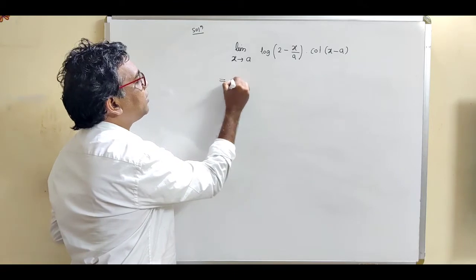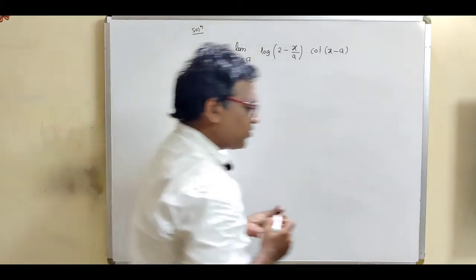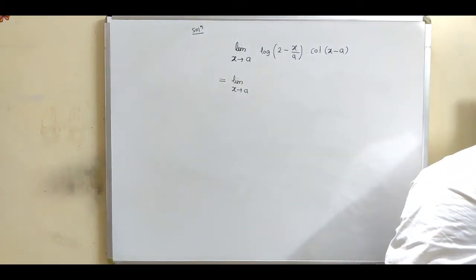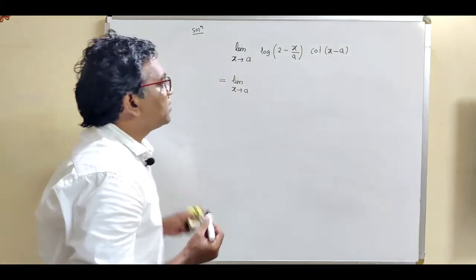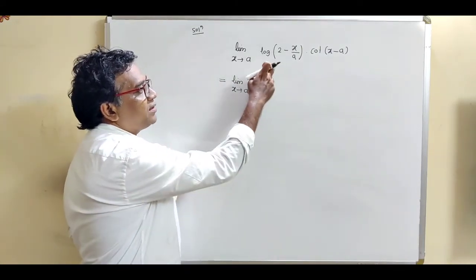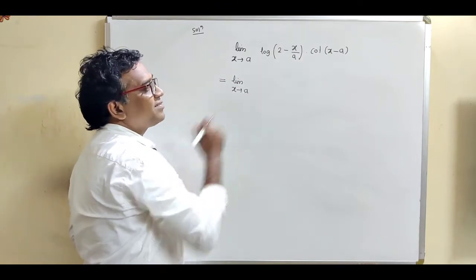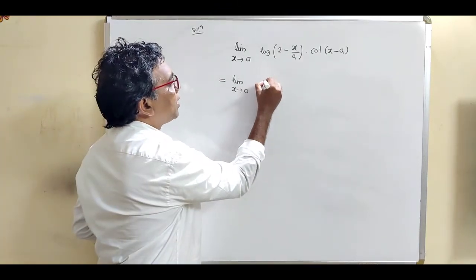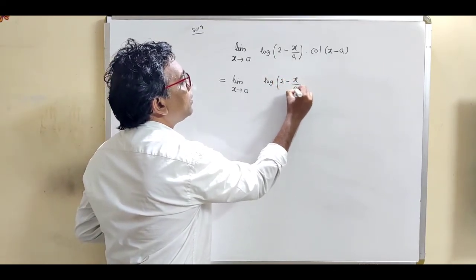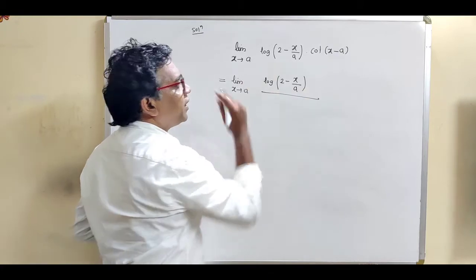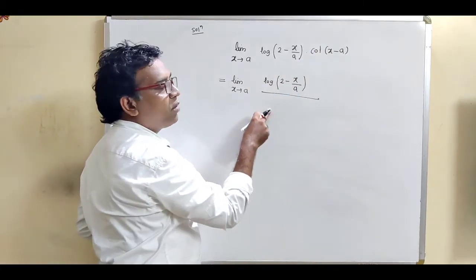So write down, this is equal to limit x tends to a. So see, what is the method? Either transform this first term in denominator or transform second term in denominator. So write down this first term as it is, log of 2 minus x upon a, divided by, now transform this trigonometric term in denominator.